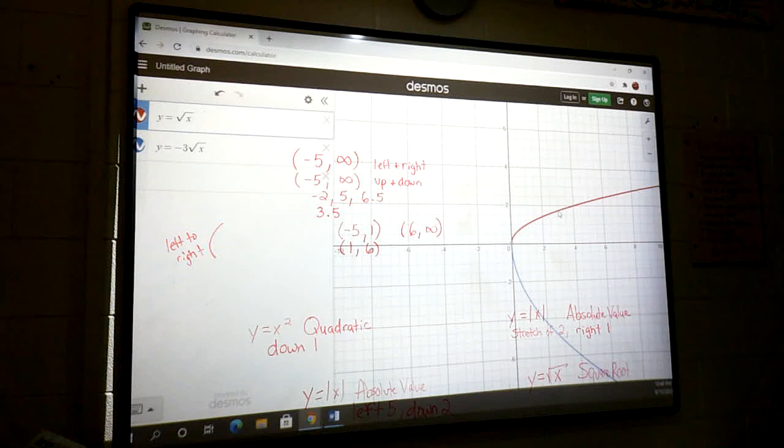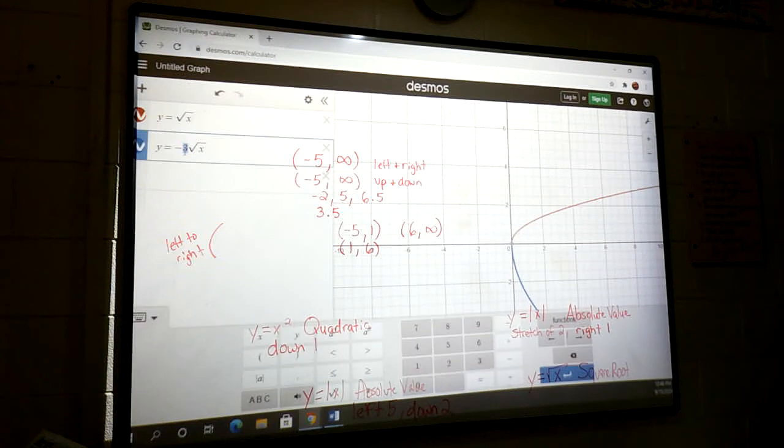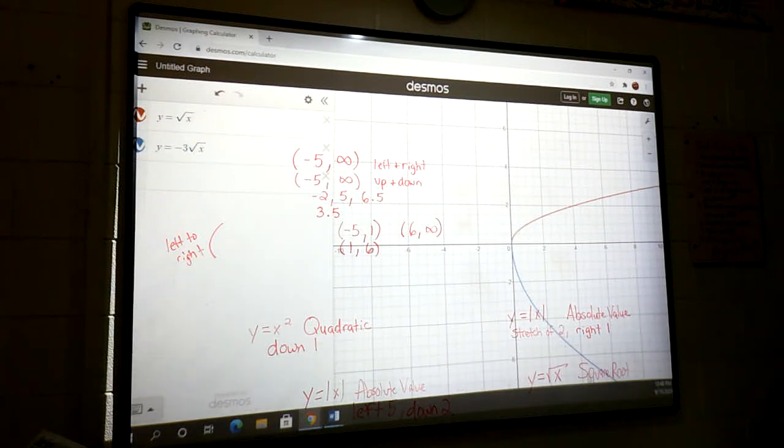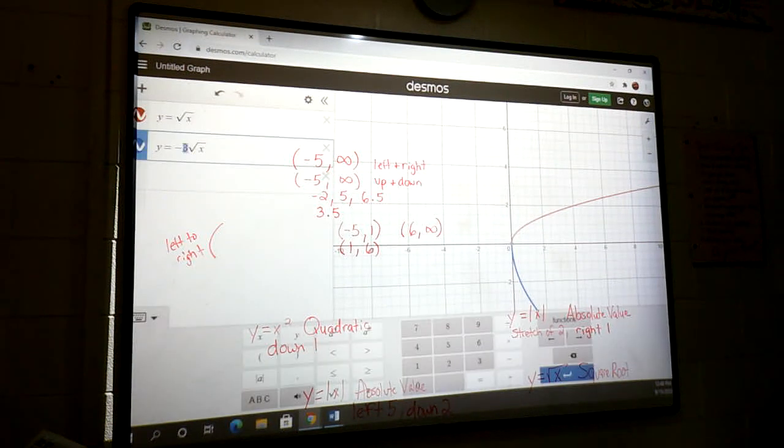So there's a reflection. It reflects, or it flips is what I like to call it. So it flipped. So now instead of going up, it's going down. And then this 3 is a stretch. It's stretching. It's going further instead of just going smaller up. Okay, so that number in front, remember, stretches it. So it flips and then is stretched by 3.